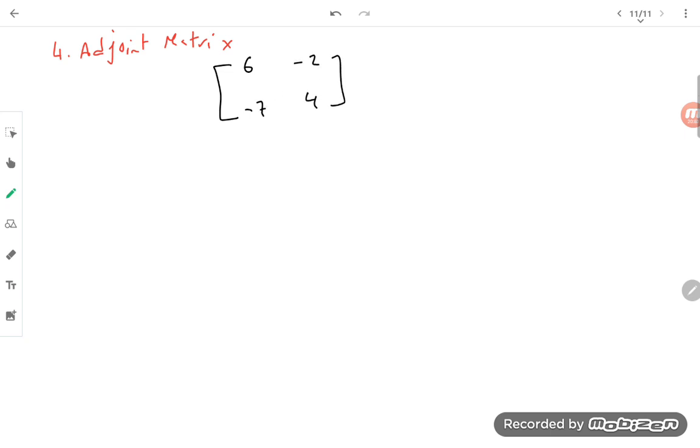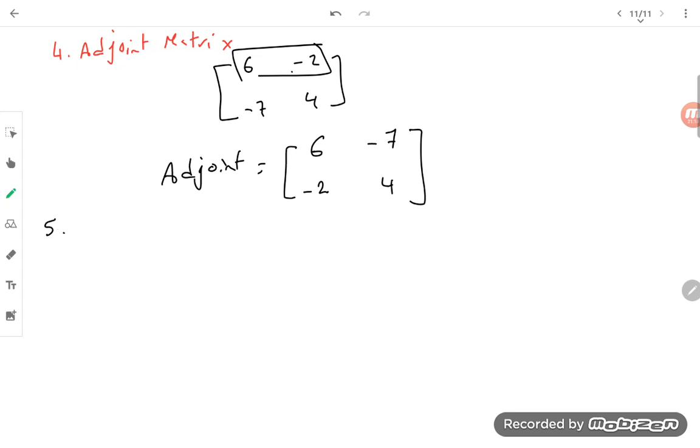So now the adjoint matrix will be 6 and -2, -7, and 4. So this row will be converted to column and this row will be converted to the second column.